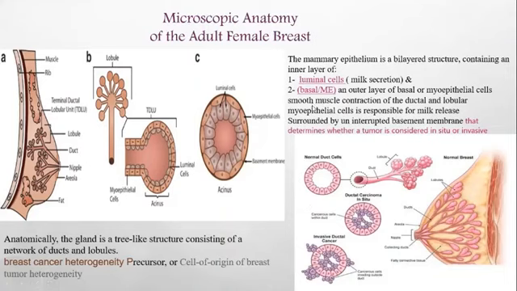And the presence of these multiple cell types, ductal and lobular cells, luminal cells as well as myoepithelial cells, reflects the cancer heterogeneity in terms of cell origin.